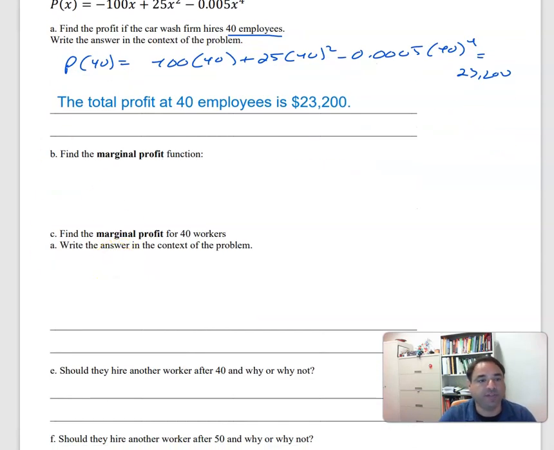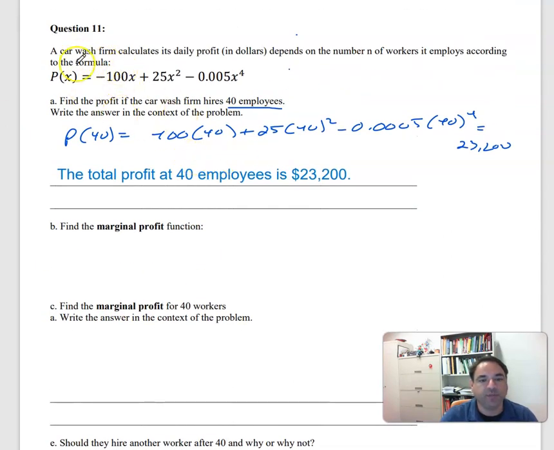Now, for marginal profit, we're going to take the derivative. The derivative of negative 100x is negative 100. The derivative of 25x squared is 50x. And the derivative of 0.005x to the 4 would be minus 0.02x to the third.